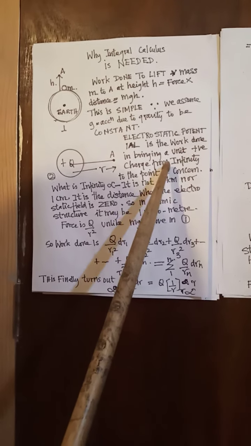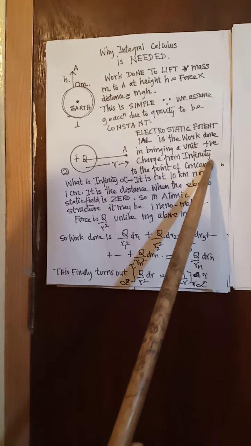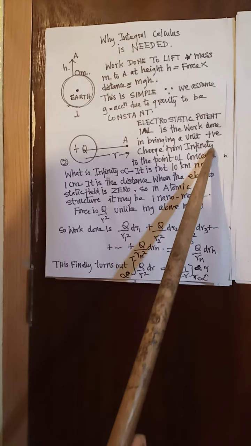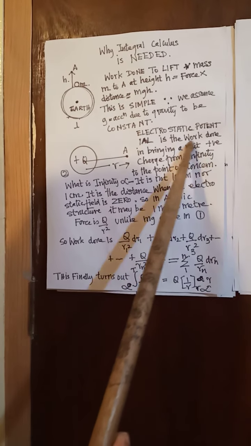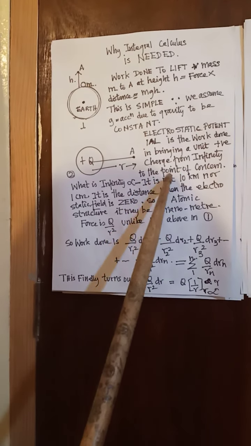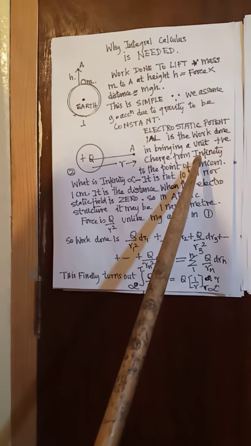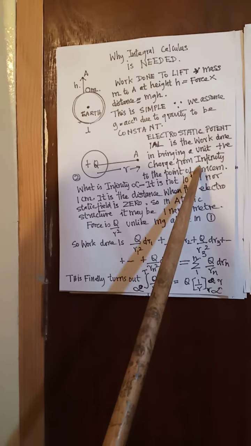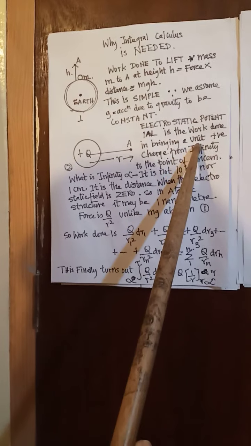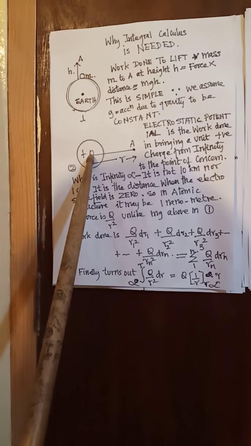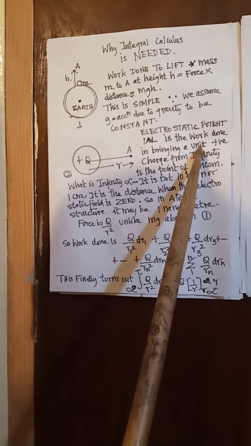And it is so sad also that no one seems to explain infinity to our dear children. Some children, or even the grown-ups who are in BSc, think infinity is say 10 kilometers or 10,000 kilometers. It is not so. It may be 1 nanometer, it may be 1 millimeter. Infinity means somewhere here where the force of repulsion of this charge at this point no longer exists.